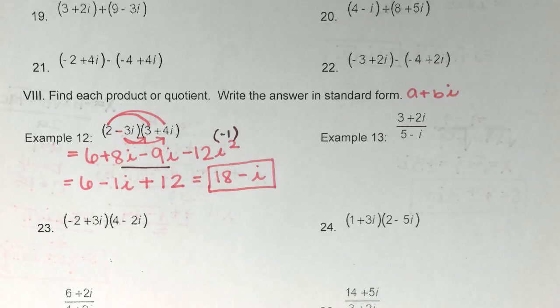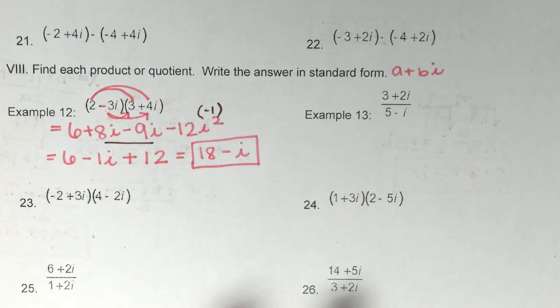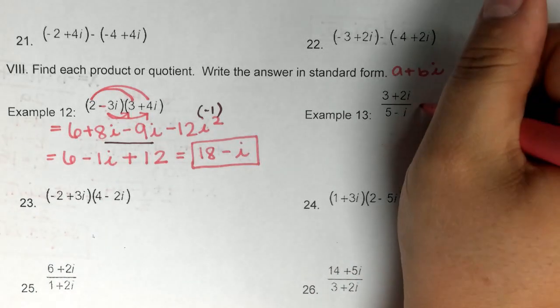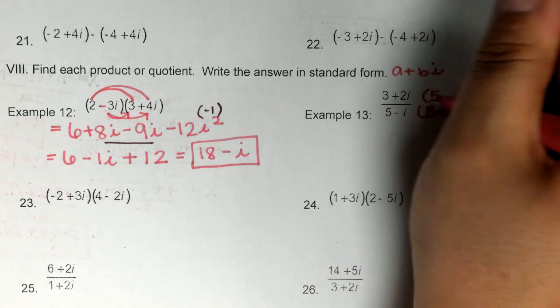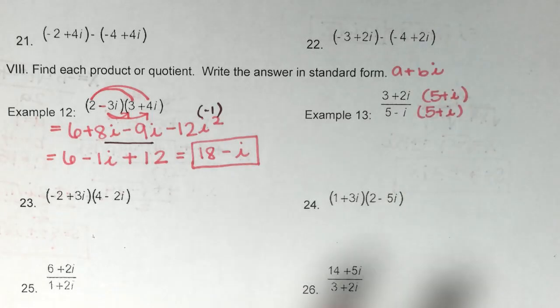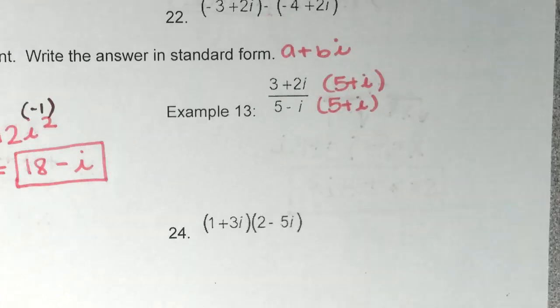What about dividing? How would you divide these? Close, not reciprocal. What's that called? Conjugate. We are multiplying the numerator and denominator by the conjugate.